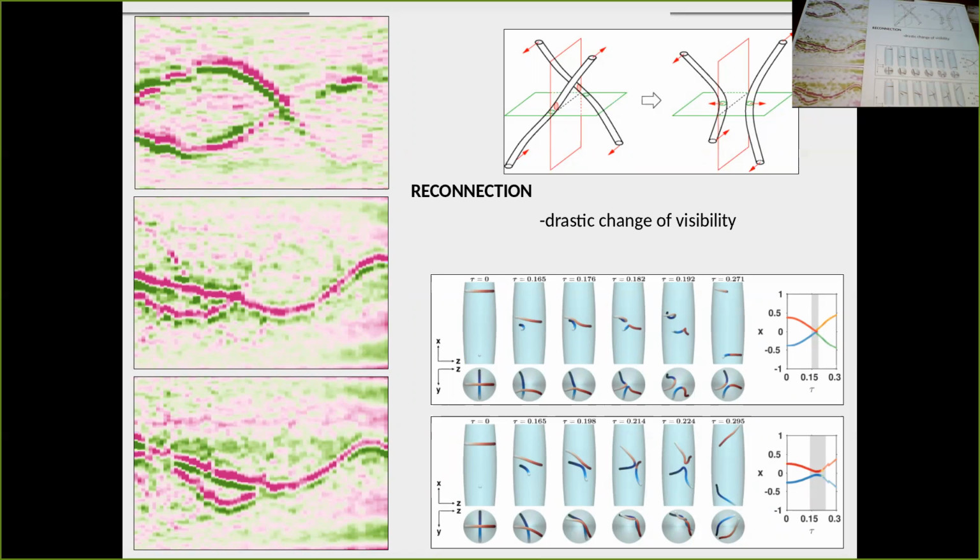From the experimental images, we don't have a clear evidence of the reconnection so far, because we don't have yet enough resolution, both spatial resolution and temporal resolution, to observe directly what happens at short ranges.